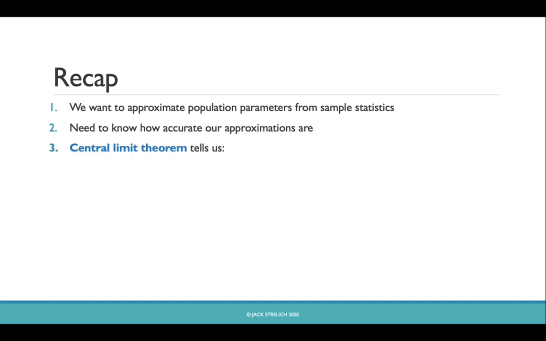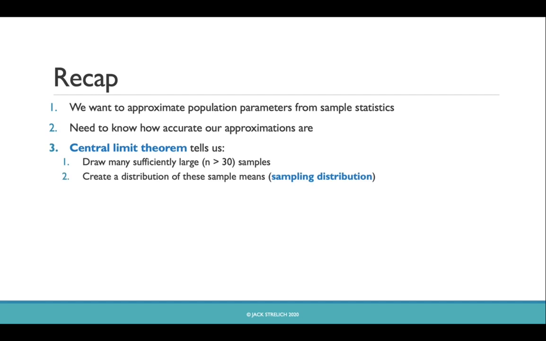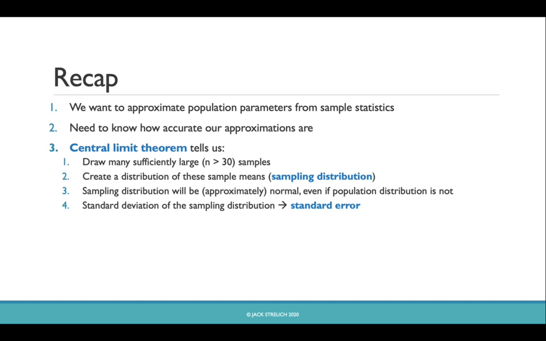The Central Limit Theorem tells us that if we draw many sufficiently large samples, in other words, samples of 30 or more data points, and create a distribution of these sample means, in other words, a sampling distribution, the sampling distribution will be approximately normal even if the population distribution was not. The standard deviation of the sampling distribution will give us the standard error, and the mean of the sampling distribution will be our best estimate of the population mean.